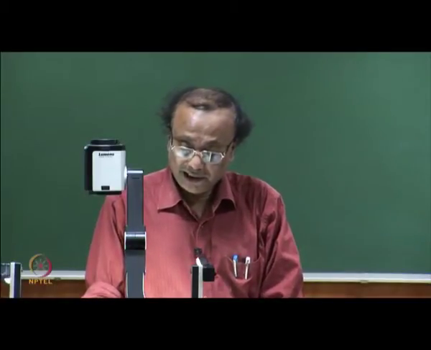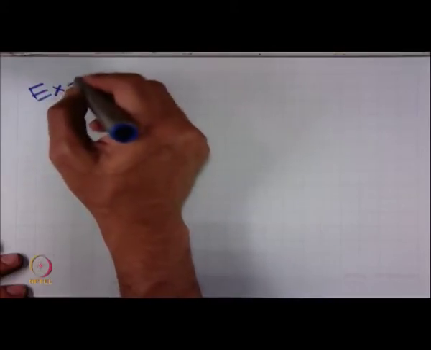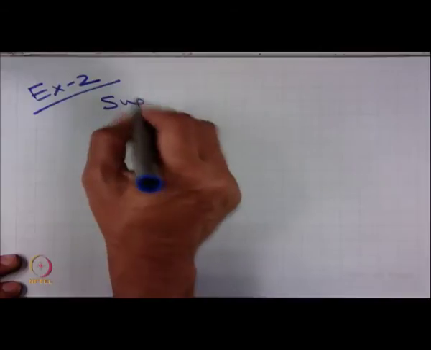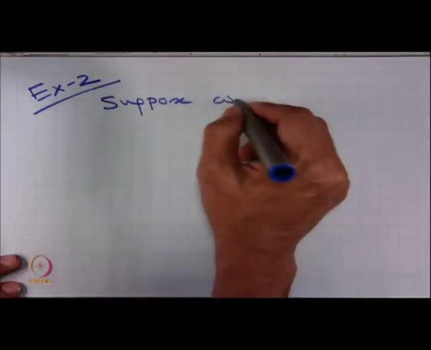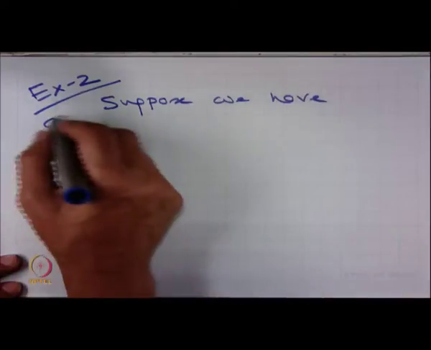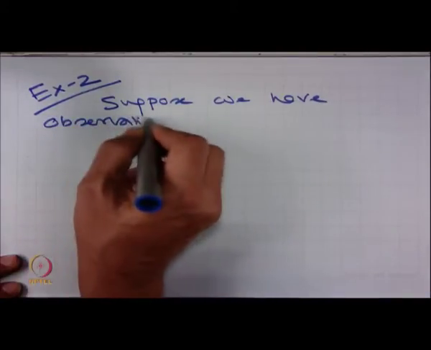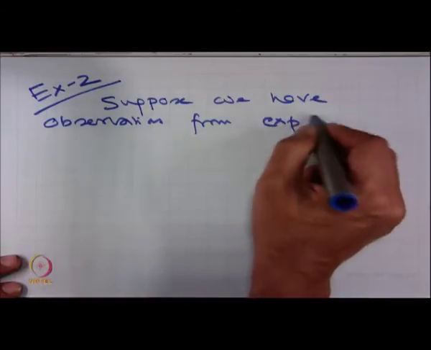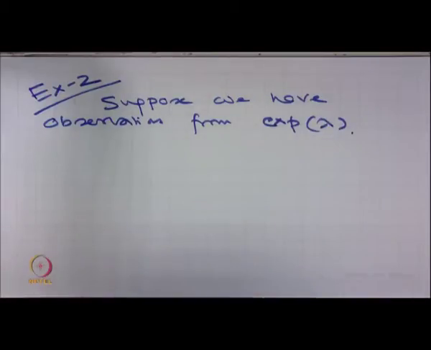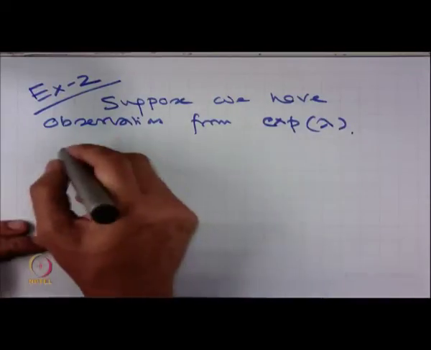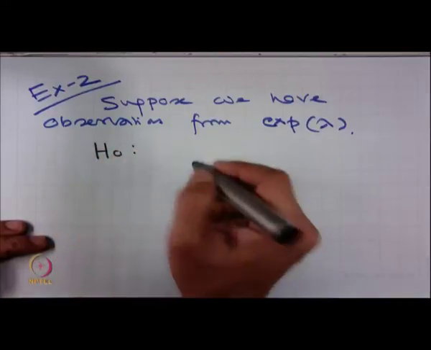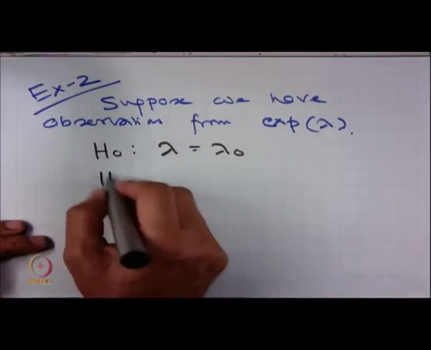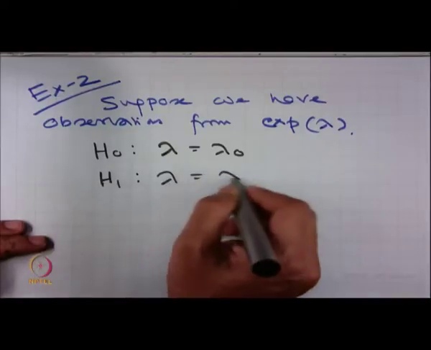Let us now consider a second example. Suppose we have observations from exponential lambda, and our H naught is lambda is equal to lambda naught and H1 is lambda is equal to lambda 1.